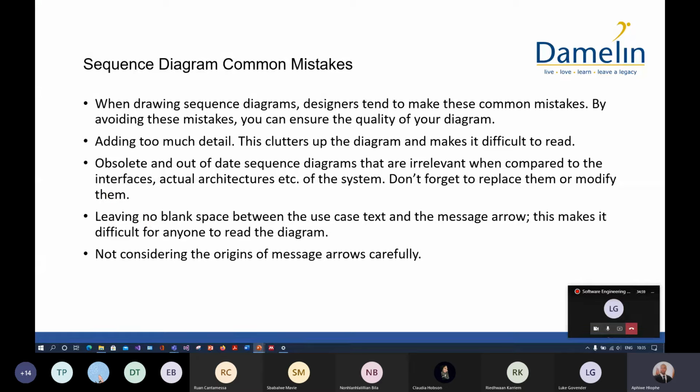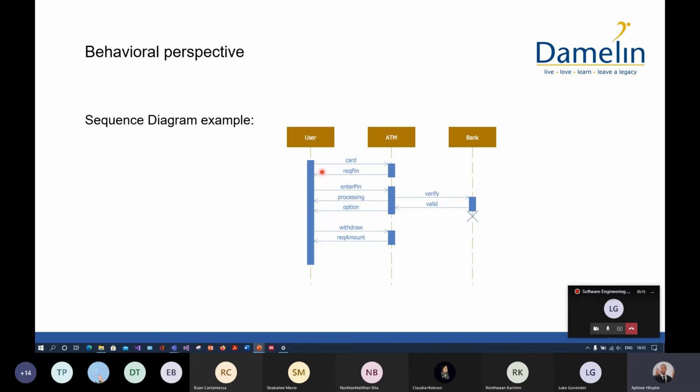Leaving no blank space between the use case text and the message arrow. This makes it difficult for anyone to read the diagram. So don't leave unnecessary spaces in your messages, because remember, these messages can be interpreted as functions, or methods rather. So insert card can be sent with other messages, usually in a more detailed use case diagram.